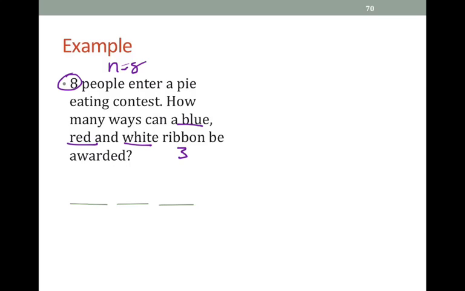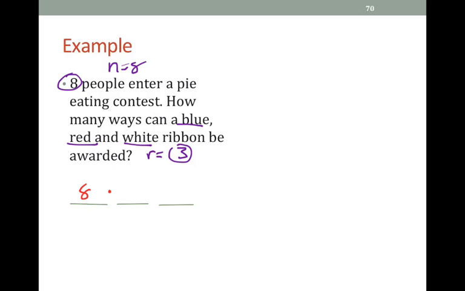Well, we started by making a little structure, we didn't do a tree, to help us figure out what the factors might be. So in the very first place winner, there are 8 different people who could become the first place winner. So we put in an 8 for that first slot. And then if 8 people could have been chosen to get that first slot, but then that person's been assigned, there's only going to be 1 fewer for the next slot.